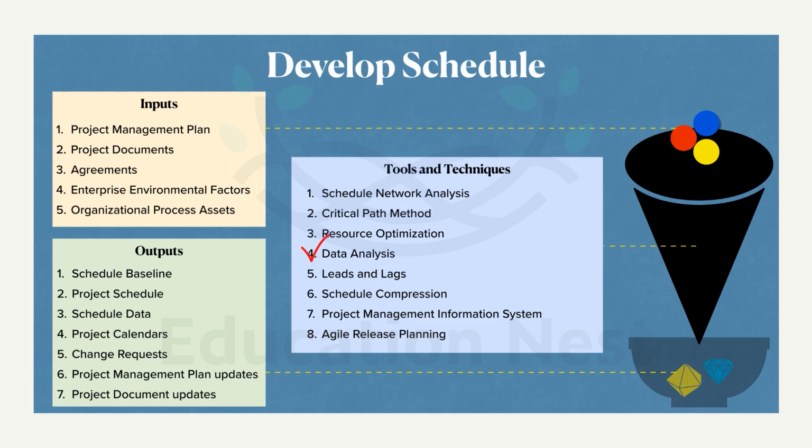Data analysis tools. What special tools can we use here? Again, whenever I'm mentioning this, please don't limit it to these options only. These are just examples that are given by the PMBOK guide. You are free to choose any data analysis methods, right? That is why I have not written it all down here. Whatever examples I'm giving are not limited to just these examples.